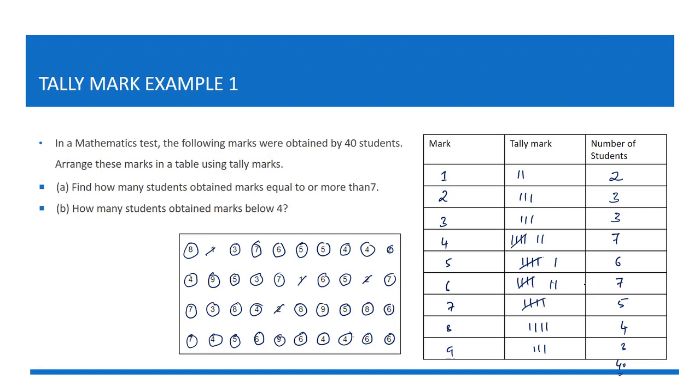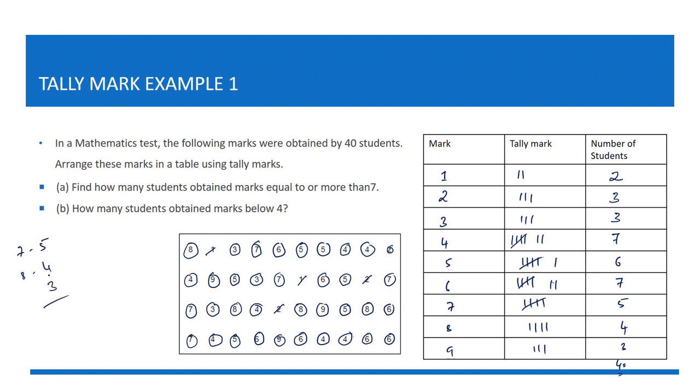Once you have tabulated using the tally mark method, you can easily find out the answers. Find how many students obtained marks equal to or more than 7. That is going to be 7 marks and above. For 7 marks it is 5, for 8 it is 4, for 9 it is 3.